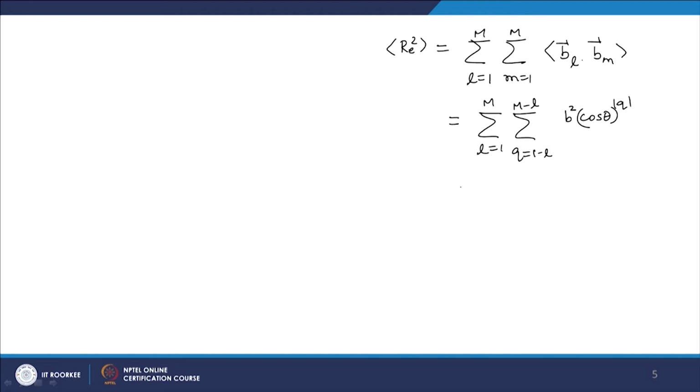Something of that sort, and again I take the approximation that this m value is very high.